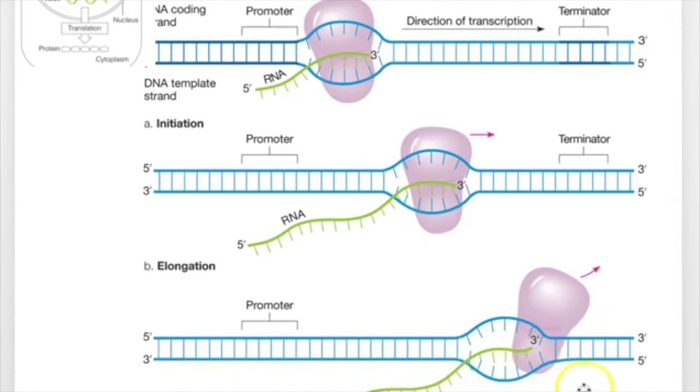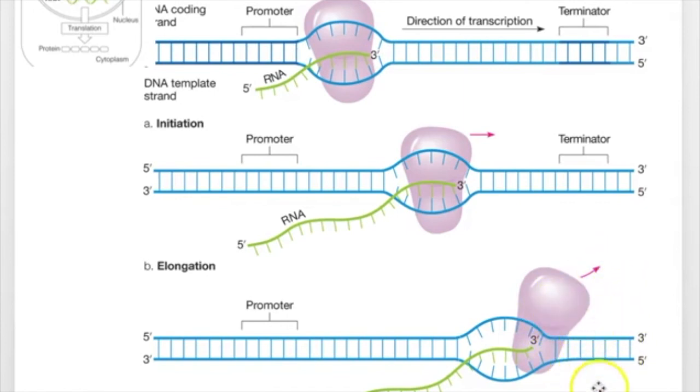So there are several different ways that termination can occur, and it depends on which RNA polymerase is doing the transcription. But basically, in most of the ways, the terminator region slows RNA polymerase, makes it move slower, and so it's more likely to dissociate.